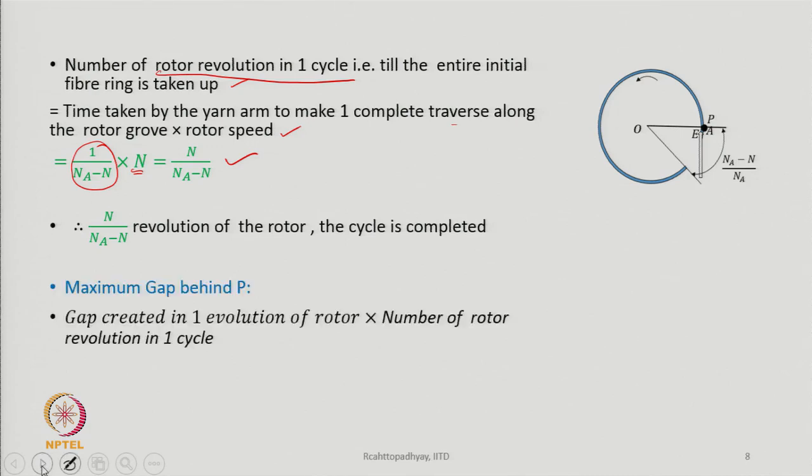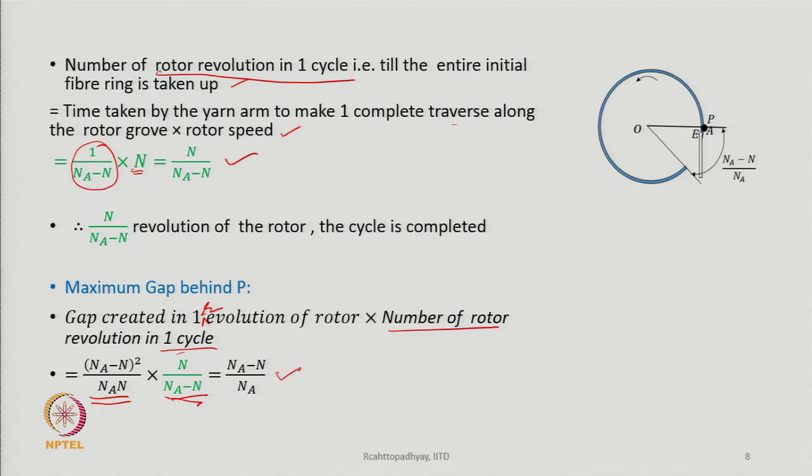And the maximum gap behind P is the gap created in one revolution of the rotor multiplied by the number of rotor revolutions in one cycle. So, if we see the previous diagram, the slides, we will find that this was the gap, and that multiplied by the number of revolutions the rotor takes to complete the cycle is this, and if we multiply these two, we get the figure which is (N_A minus n) by N_A.